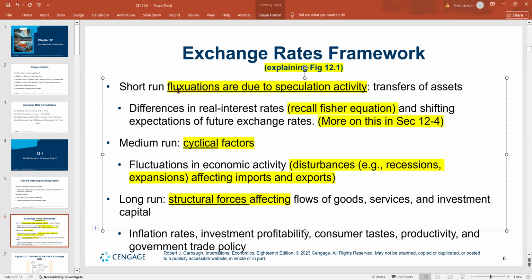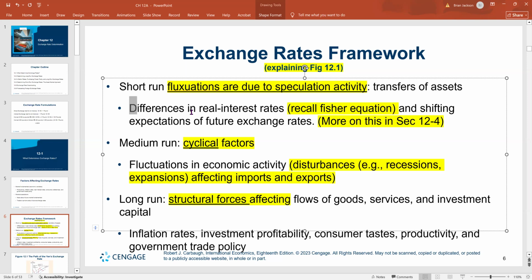There are forces that drive that in the short run, medium run, and long run. I will say that the long run is more governed by market fundamentals, if you will, and the short run is driven more by speculative activity, people who invest in financials, primarily financial, but also real assets. But in the short run, we're talking about fluctuations in the exchange rate that are due to speculative activity.